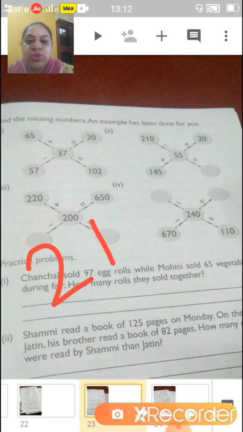So children, if we are getting like 210 minus 55, that is 5. This is 10. Here it is 0. Take 1 again. 5 and 1. So your answer should be here 155. Understood?